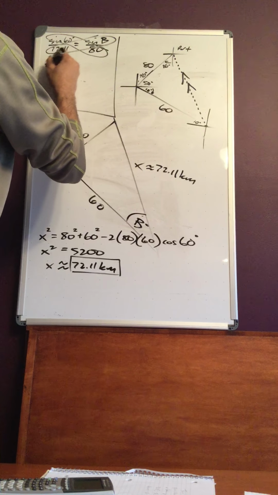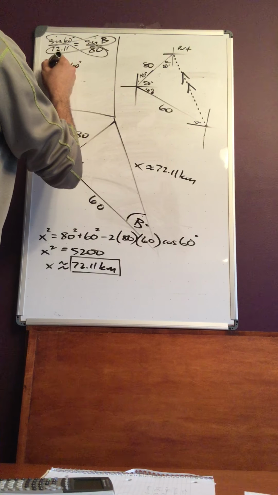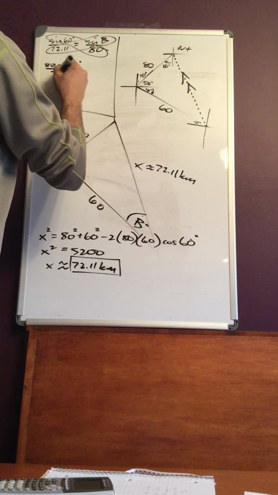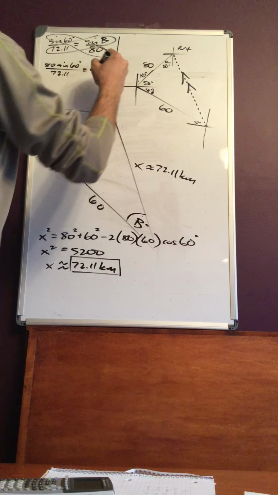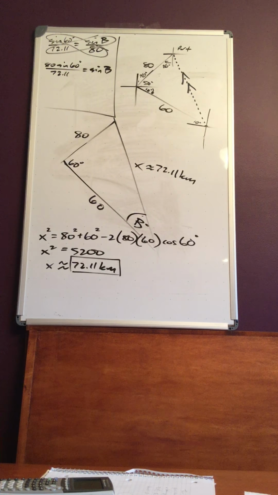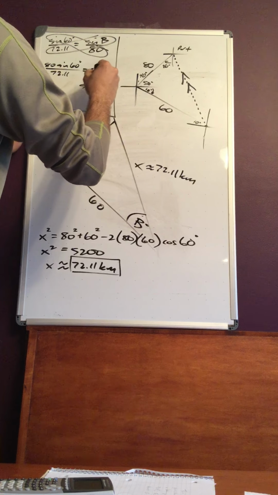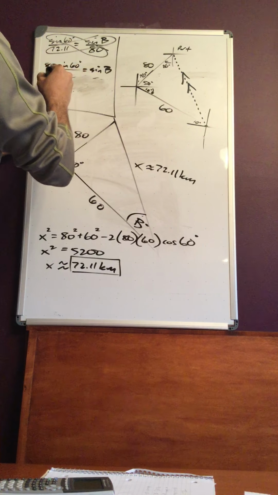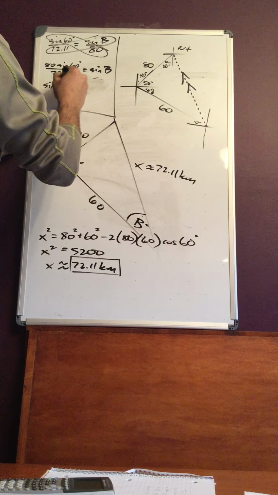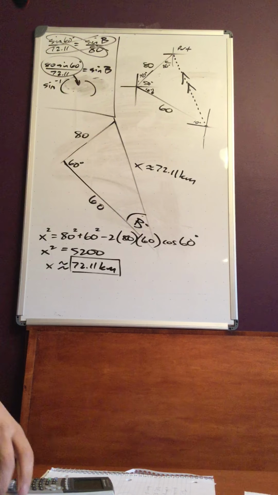We now have 80 sine of 60 degrees divided by 72.11 is equal to sine of B. And so we are going to inverse sine all of that.